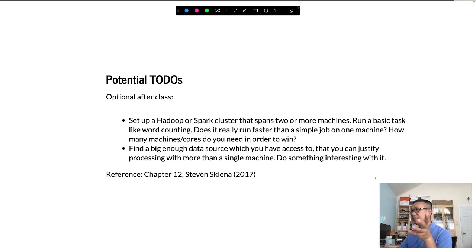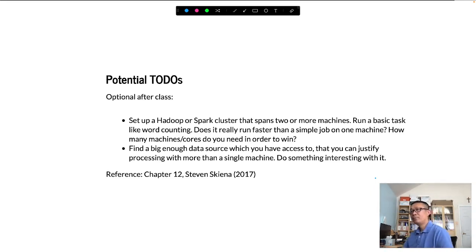Do you think it runs faster than a simple job on one machine? Can you tell that multiple machines together can actually beat the single machine? If not, what is the purpose of setting up a distributed cluster on multiple machines?